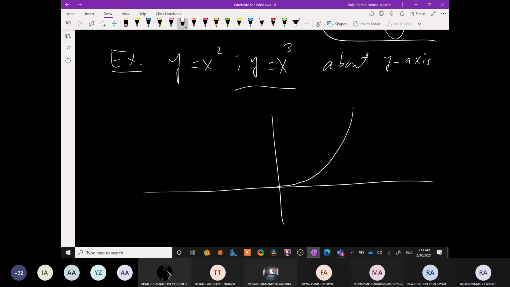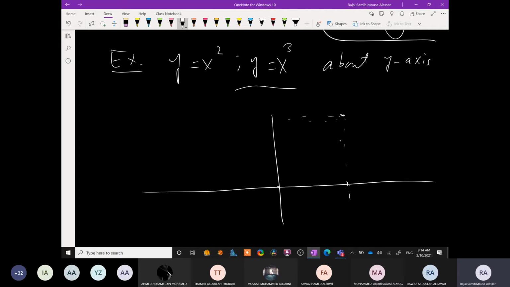And x cubed goes like what? Which one is faster, Asham? X cubed. Now at 1 and 1 they agree, correct? Let's say this is 1 and this is 1.